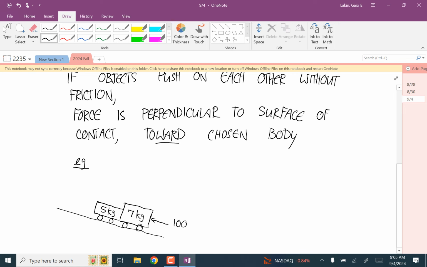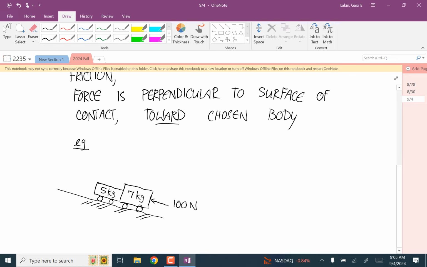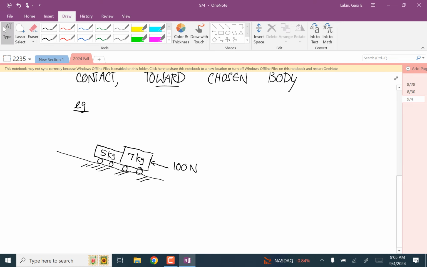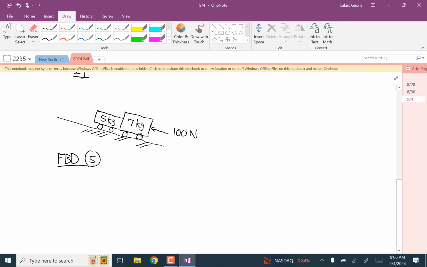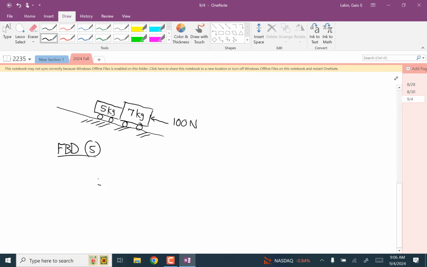And let's say there's some force up the ramp to cause a contact force between these two bodies. Then the free body diagram of the 5 kilogram: so there's the outline.